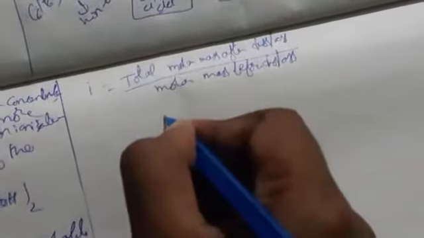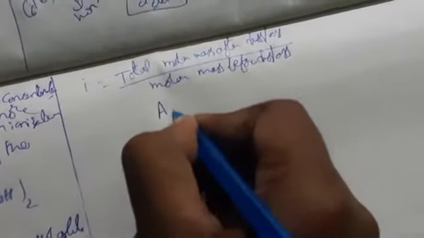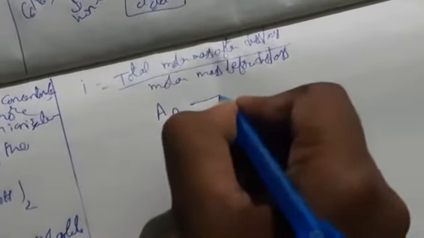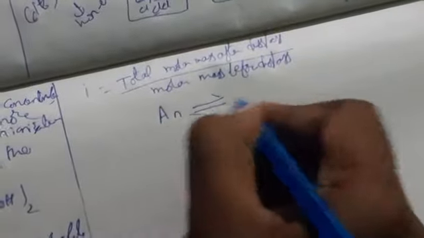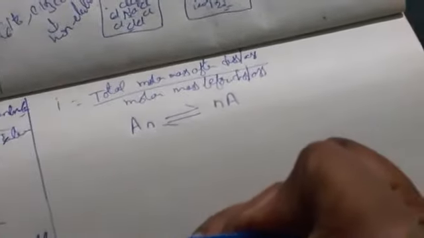So now let us take dissociation of solute particles and association of solute particles. Now dissociation is nothing but A_n giving rise to nA. Let us consider the reaction here. N indicates number of moles.